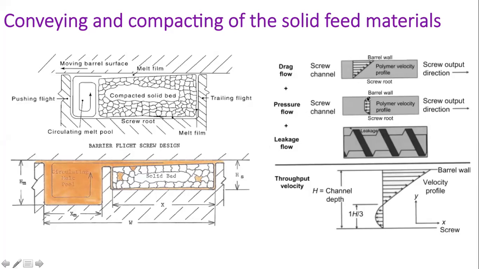As a result of this pressure, some particles will move from right to left, the opposite side. The flow rate is from left to right, the output direction, but there is a flow called leakage flow toward the opposite side. You can see a small space here.